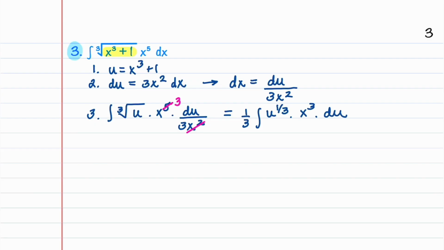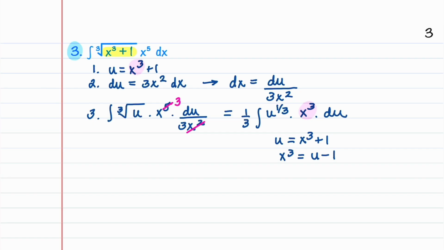Here's where back substitution comes in. Notice that our integral has an x cubed in it, but if we go back up to step 1, we can see that we can write x cubed in terms of u. We have u equal to x cubed plus 1, so x cubed is u minus 1. That's called back substitution.